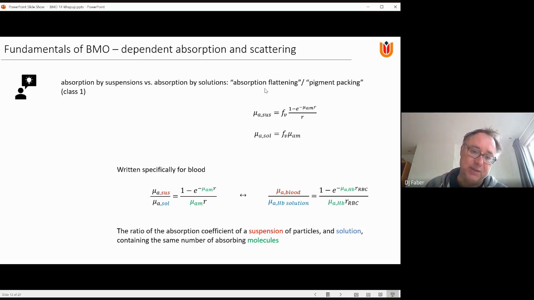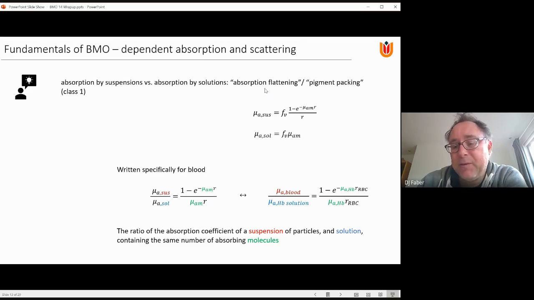So we derived a ratio between these two absorption coefficients. You see the equations over here. Highlighted in red is the absorption coefficient of a suspension. That is the case when the molecules are packed into particles, packed into red blood cells, for example.